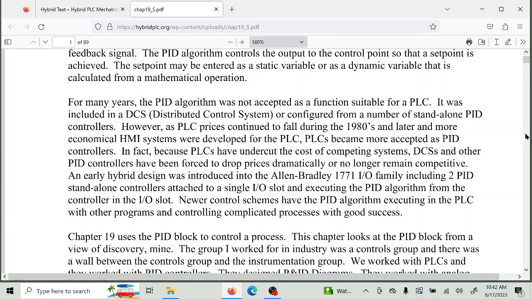It was put into a DCS system. DCS stands for Distributed Control System, and PLCs gradually started taking over this function, and now one of the best ways to do the PID function is in the PLC, and many processes have adopted the PLC as the method of choice for doing the PID algorithm.